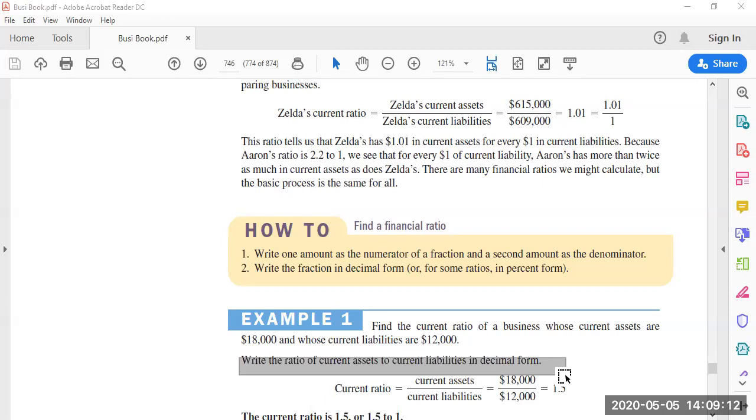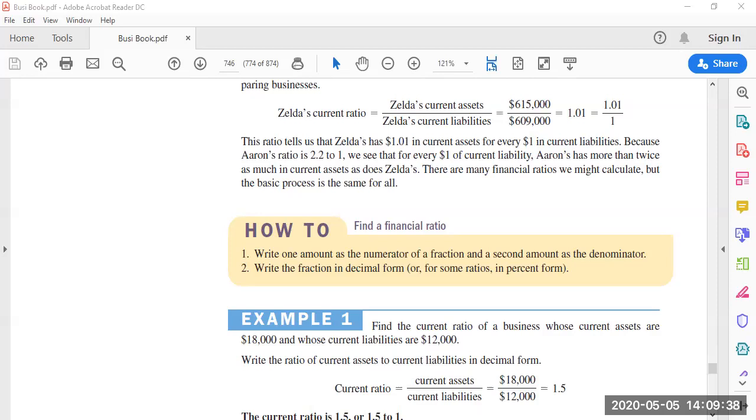Look how we write it. Current assets at the top. The word to represents our fraction bar, and then the last item, current liabilities, represents our denominator.